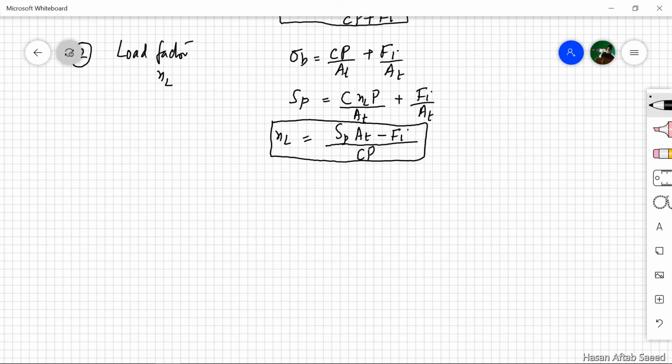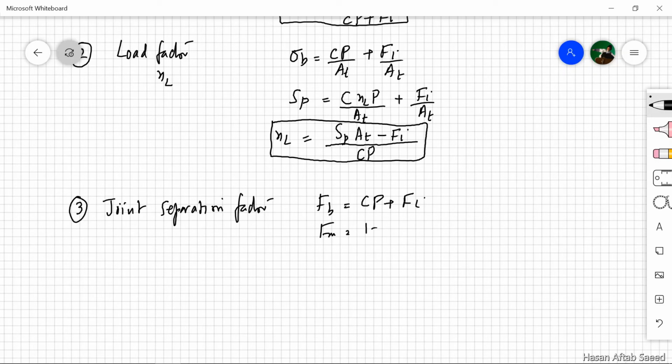Now the third thing to consider here is not strength related at all. It is the joint separation factor. Recall that all these equations, for example, this equation, I'm going to write it again, FM is CP times P plus FI, minus, I'm sorry, this is not plus, this is minus FI.